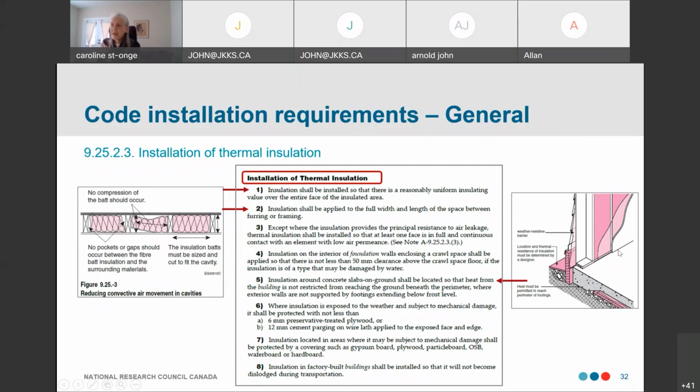So what it means is that if your foundations are not below the frost level, make sure that you're not blocking the heat from the building reaching that area of the foundation. You want to keep that area warm, so you don't want it to freeze because it's not below the frost. If it does, then it's going to crack.